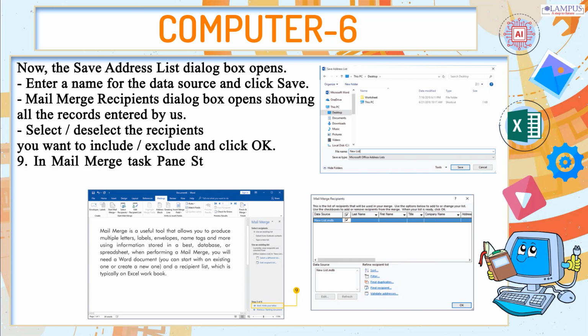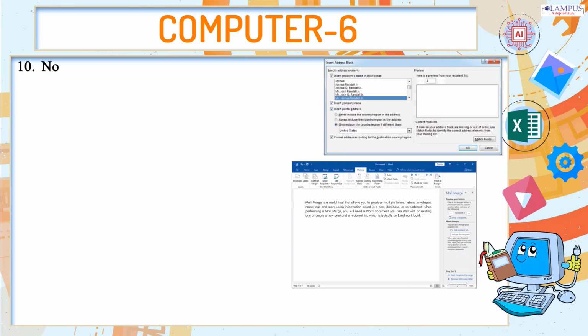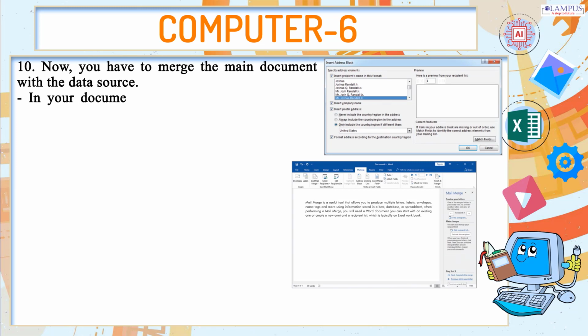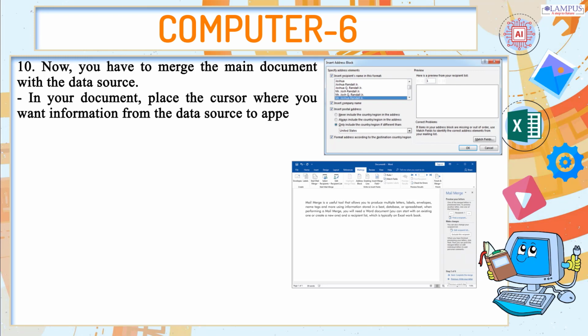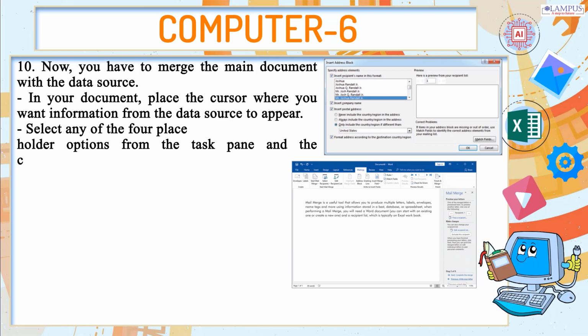9. In Mail Merge task pane step 3 of 6, click on Next, Write your letter. 10. Now, you have to merge the main document with the data source. In your document, place the cursor where you want information from the data source to appear. Select any of the 4 placeholder options from the task pane and the corresponding placeholder appears at the desired place in your document.